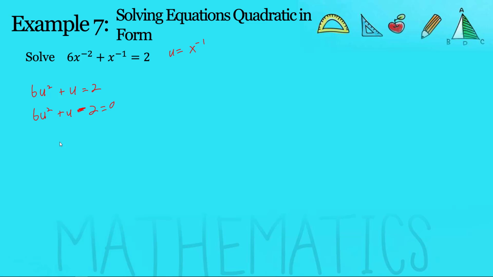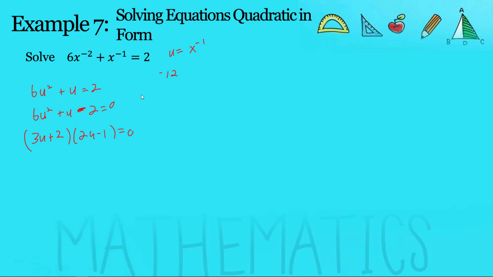It turns out that this can be factored into (3u plus 2) times (2u minus 1) is equal to 0. And how could you do that? Well, once again, the AC method, you would have 6 times negative 2, which will give you negative 12.